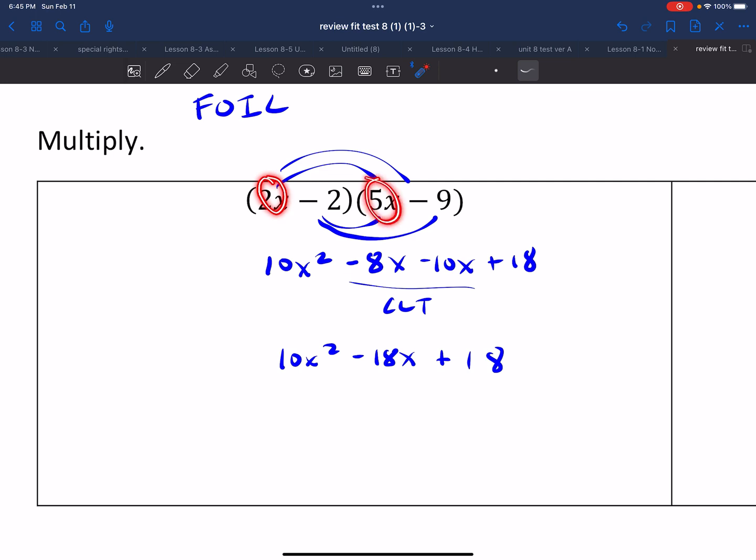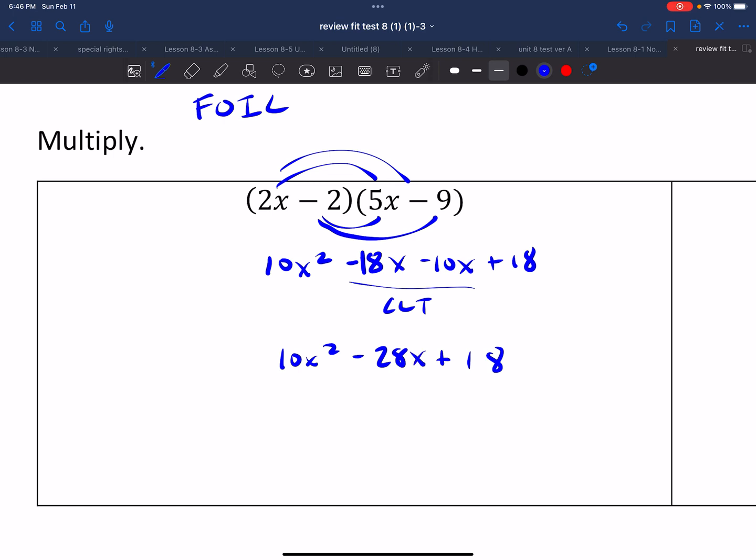So 2x times 5x is 10x squared. 2x times negative 9 is negative 18x. Negative 2 times 5x is negative 10x. So that means negative 18x minus 10x is negative 28x. Okay? So that's your answer.